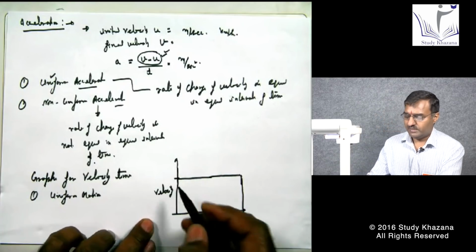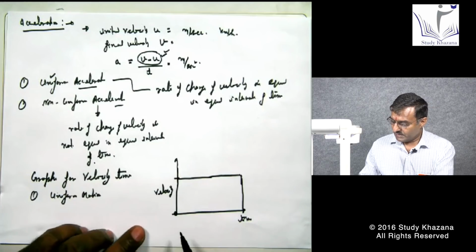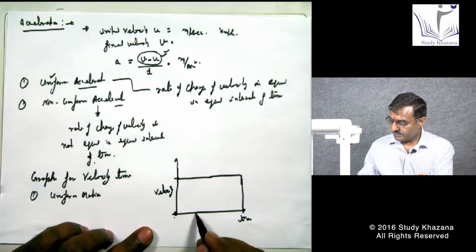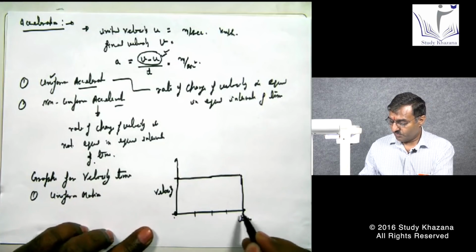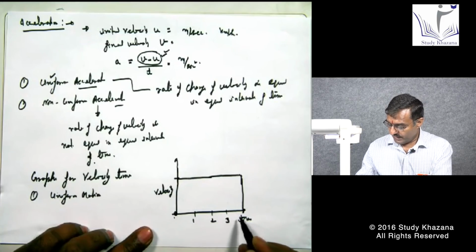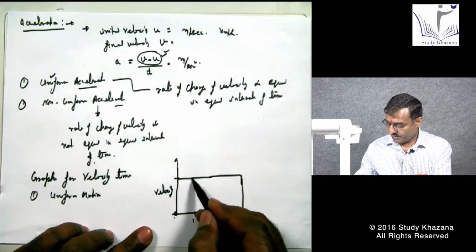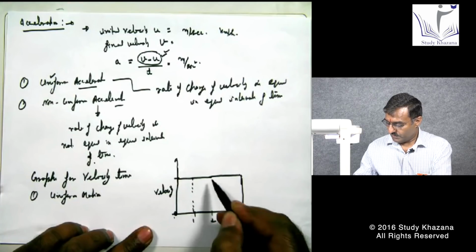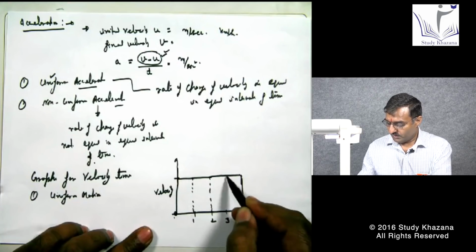This point is our initial point. Here we can consider, say, positions 1, 2, 3, 4 hours. Now what I am drawing here is 1, 2, 3, 4.